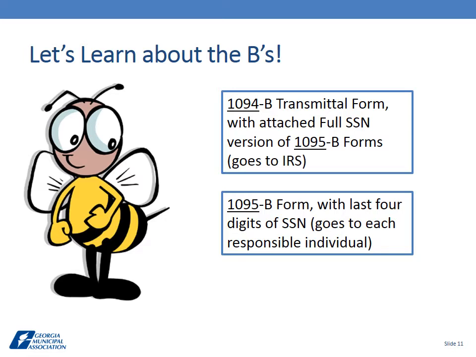The 1095B form goes to each responsible individual. For security purposes, this version of the form can use only the last 4 digits of the Social Security number. It will be just like all the forms that are attached to the transmittal form, but it will only have the last 4 digits of the Social Security number.